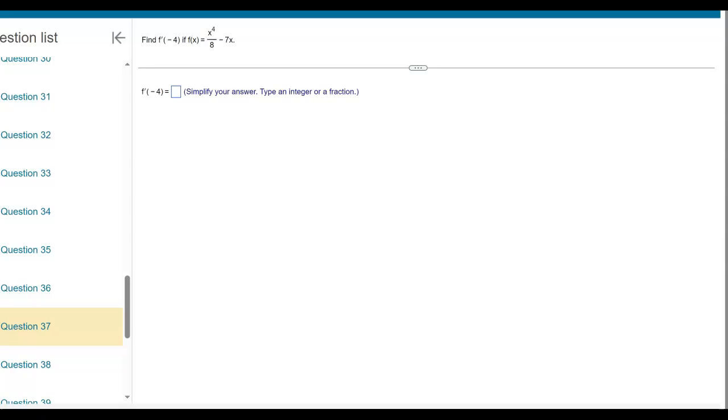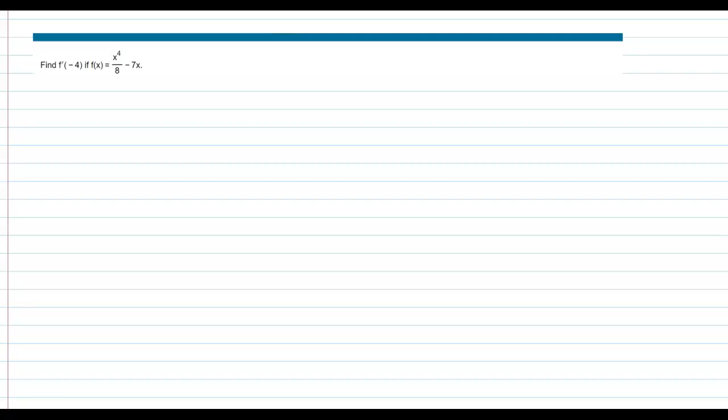Okay, next item. Find the derivative of the function evaluated at -4 if f of x is equal to x to the 4th over 8 minus 7x. So this one means that you have to first find the derivative of the function, then once you have that, you evaluate it at x equals -4.